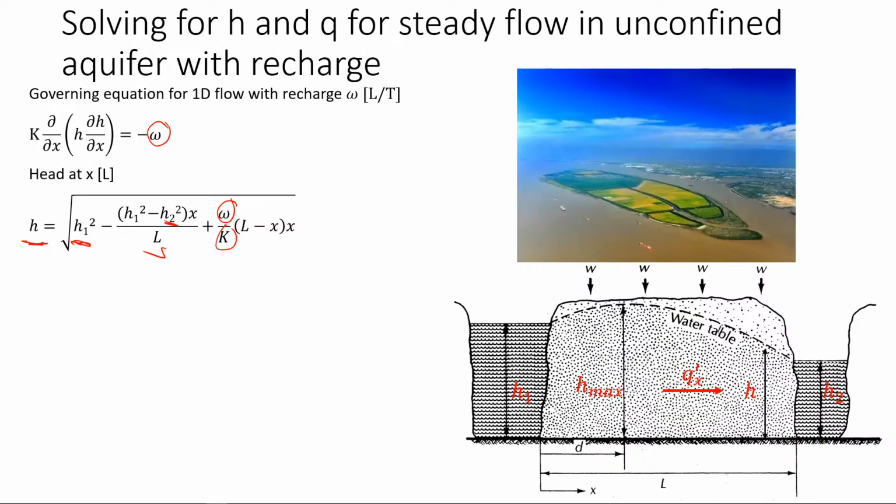Now you see here, when you have recharge, so let's say there is rainfall and water starts to infiltrate here, what do you get? You get a groundwater divide. You get a mound here, and this serves as a groundwater divide, so there is a no flow boundary.